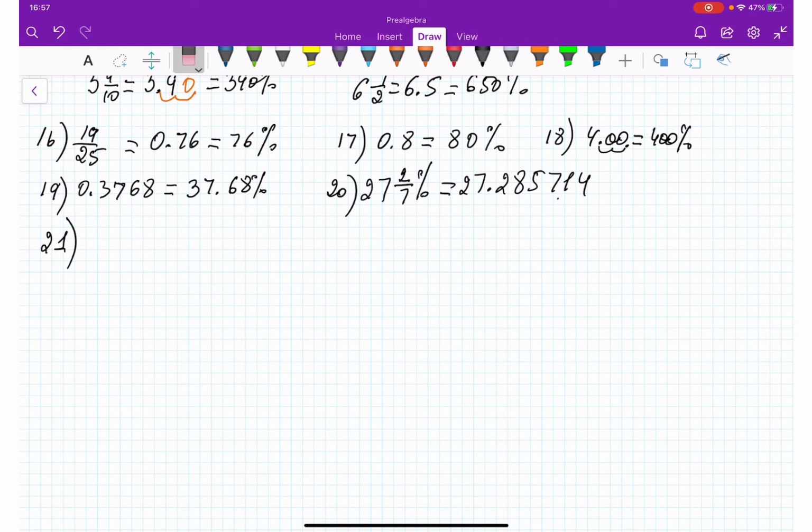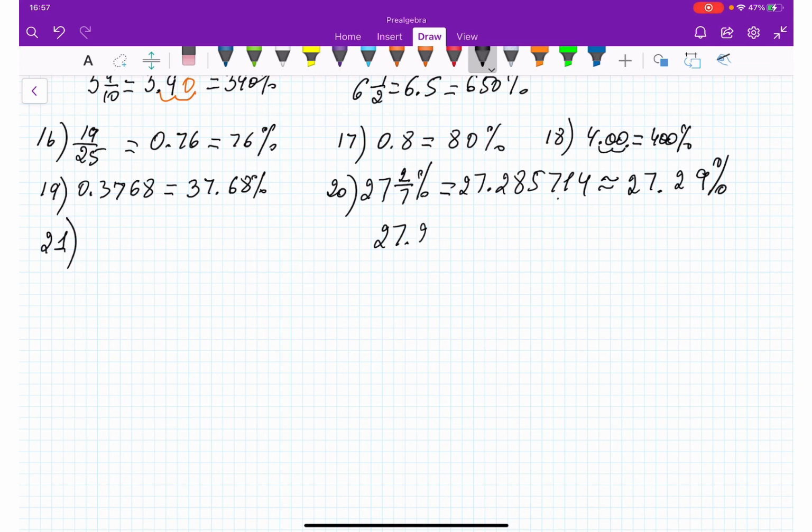Now from here I'm going to round it up. So it's going to be approximately 27.29. Okay, so now 27.29 is the decimal format of the percentage.